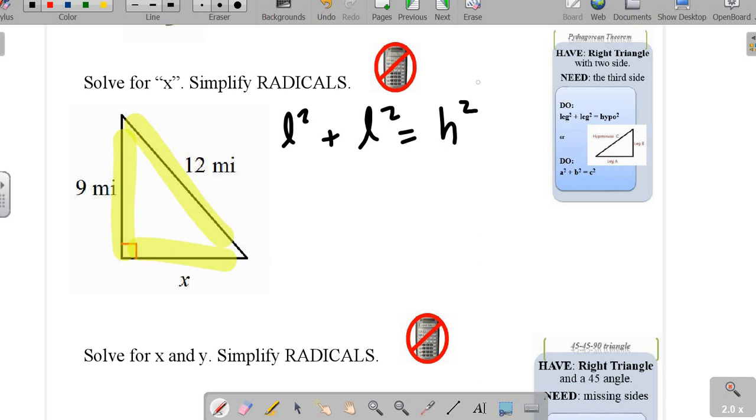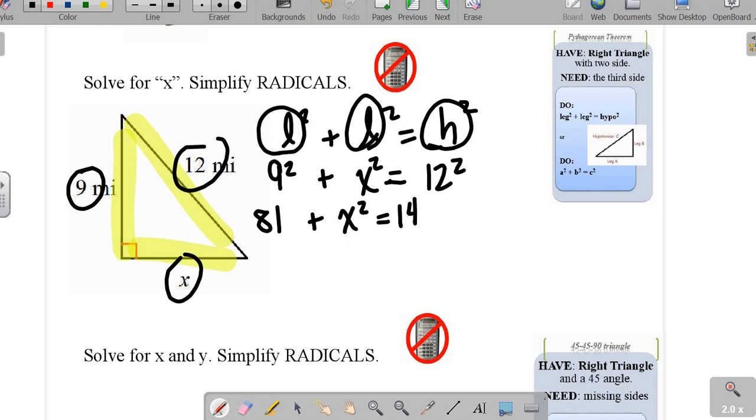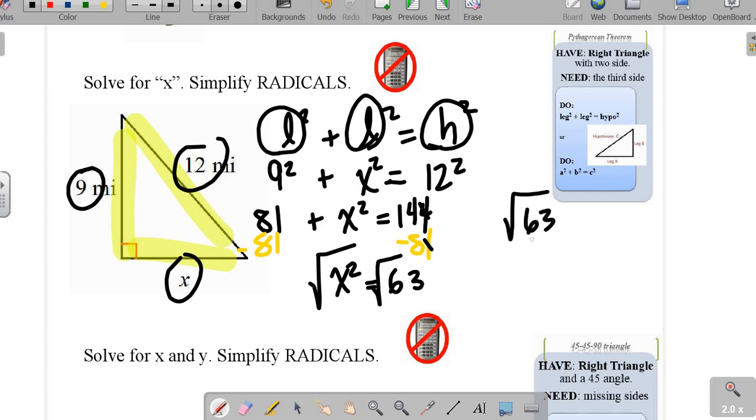Ready? Go. Our correct answer here is 3√7.